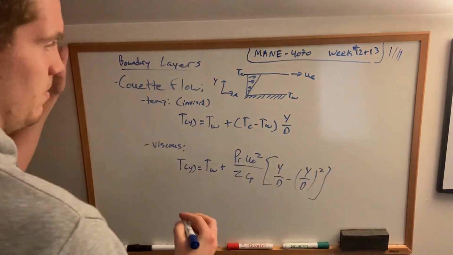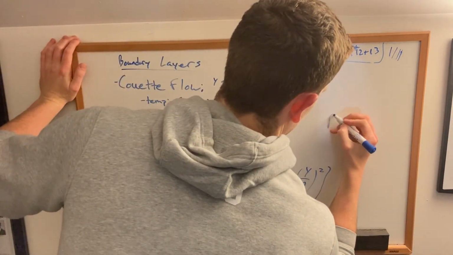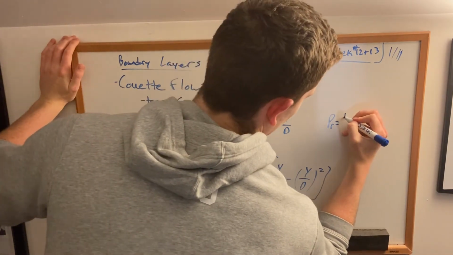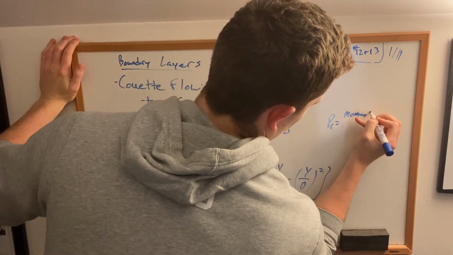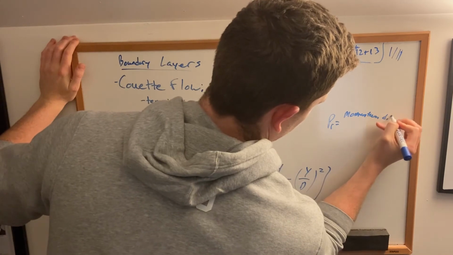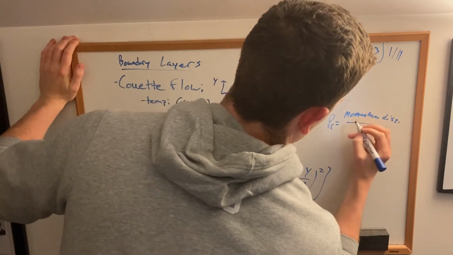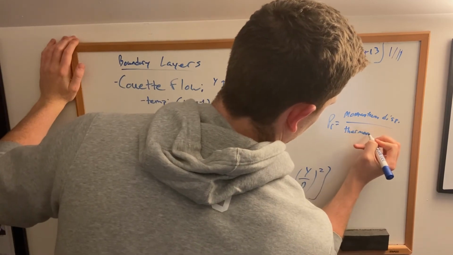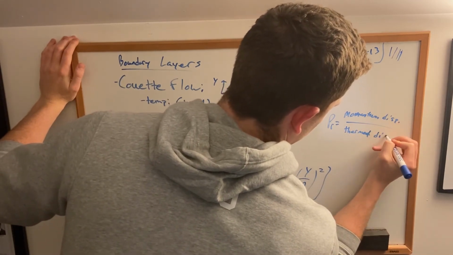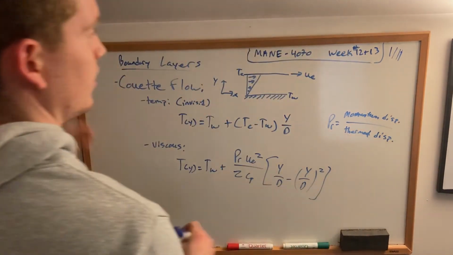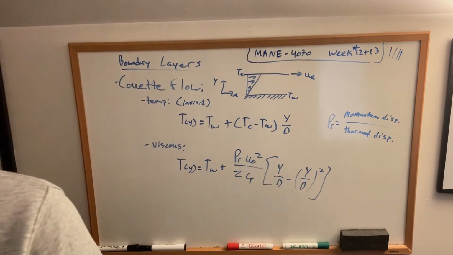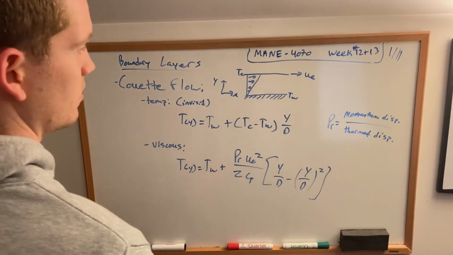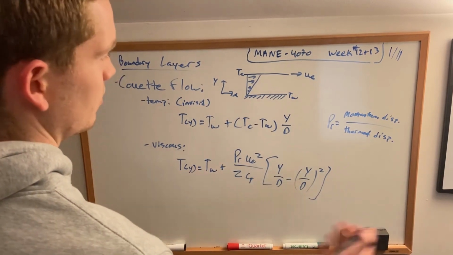And your Prandtl number is just a dimensionless number, the ratio of momentum dissipation over the thermal dissipation of the flow. So basically, how readily does momentum diffuse through the system versus how readily does a temperature gradient diffuse.